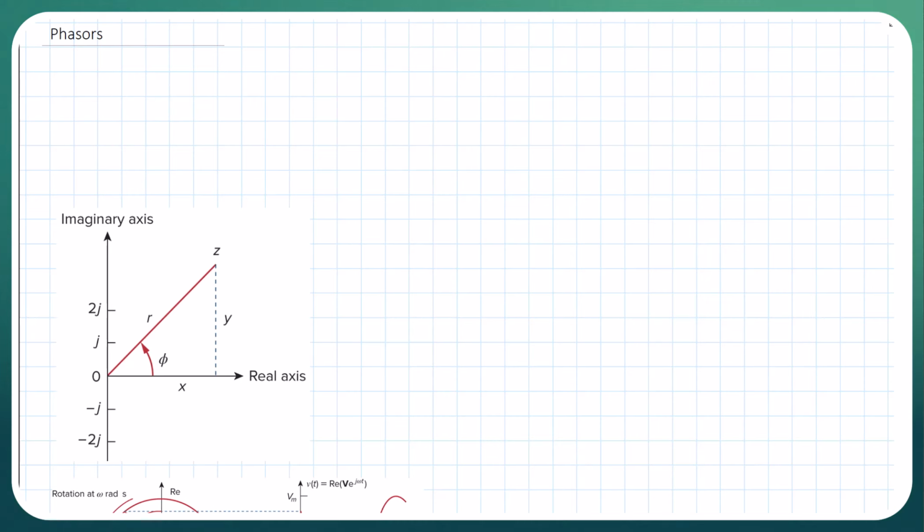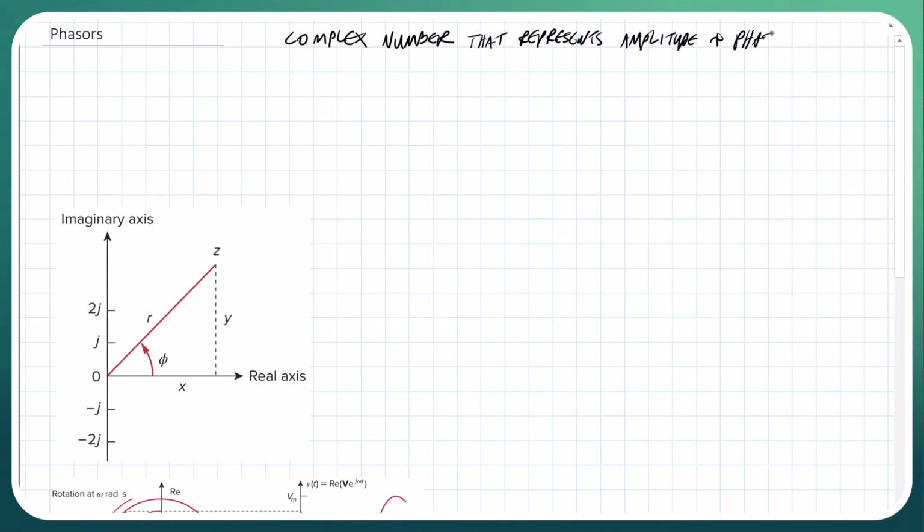So a phasor is a complex number that represents the amplitude and phase of a sinusoid. So essentially the key here is it's a complex number.